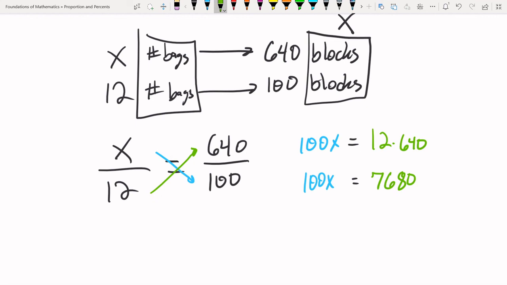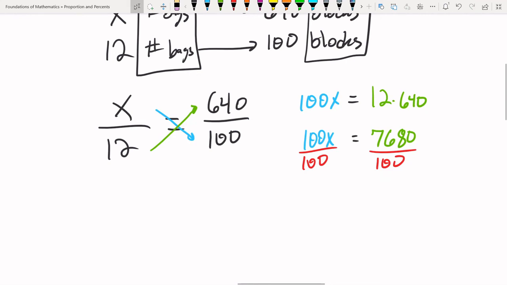That's the cross multiplication. The last step is division. I'll do that in red here. I think it's a little bit easier to see. So all we have to do is take 7680 divided by 100, which gives us 76.80. This is going to be the number of bags, right?